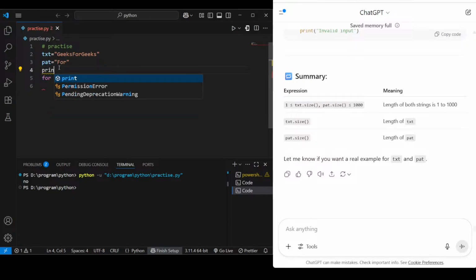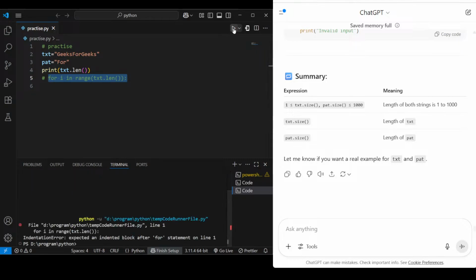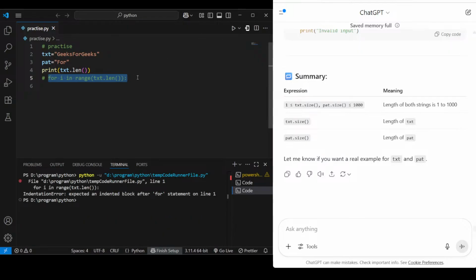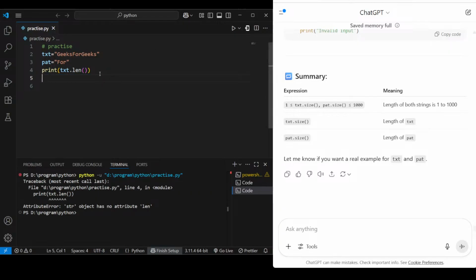Before that, wait, let me try to print x dot length. This line gives an indentation. I need to find how to find the length of the string.